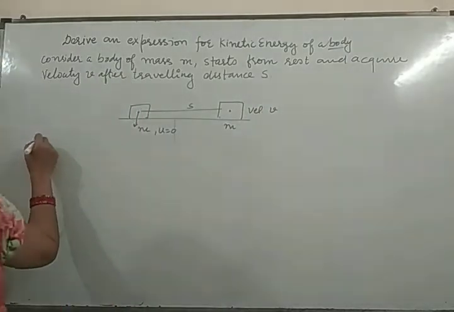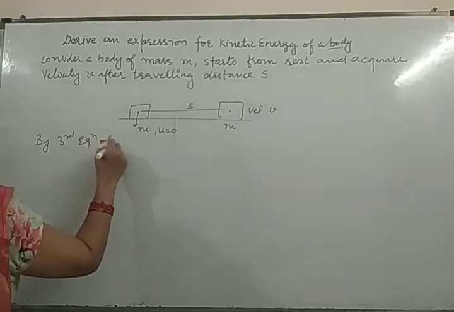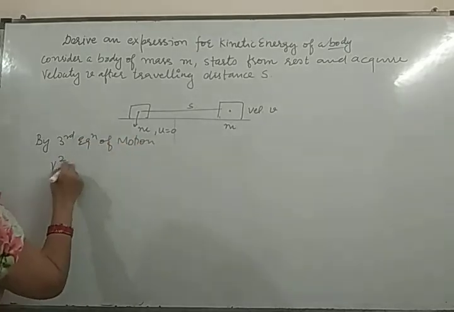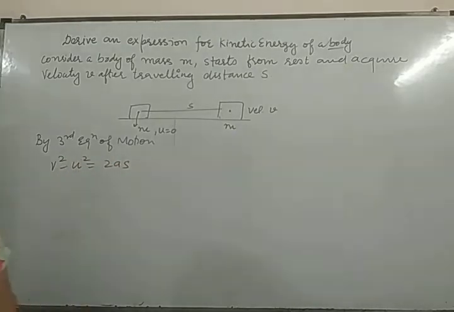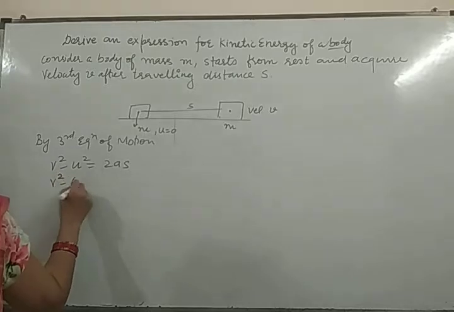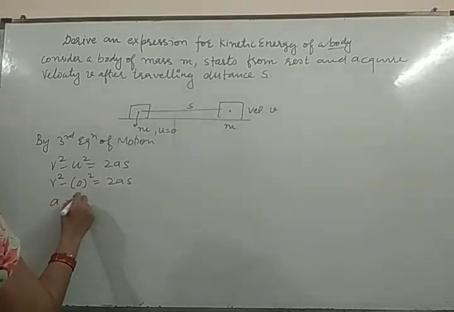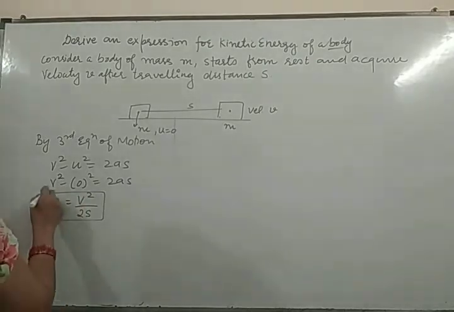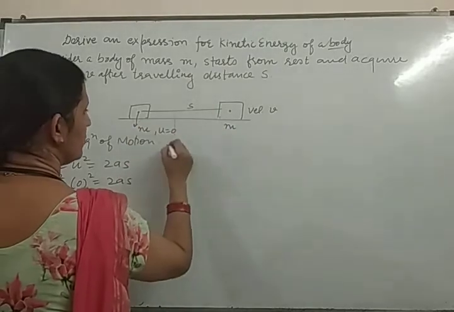By the third equation of motion, we have v square minus u square is equal to 2as. Here v square minus 0 square is equal to 2as, and a is v square by 2s. When you are displacing this body from here to here, some force is applied.